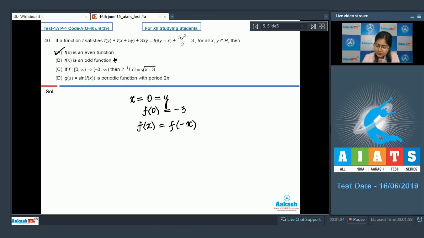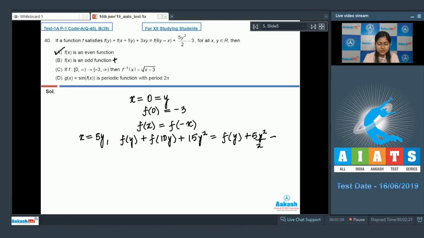Now, here if we replace x by 5y, then we will get f(y) plus f(10y plus 15y square) equal to f(y plus 5y square by 2) minus 3. Further solving, we will get f(x) equal to minus x square by 8 minus 3.